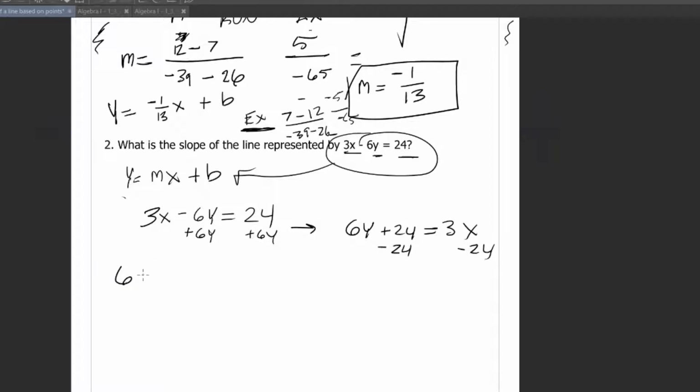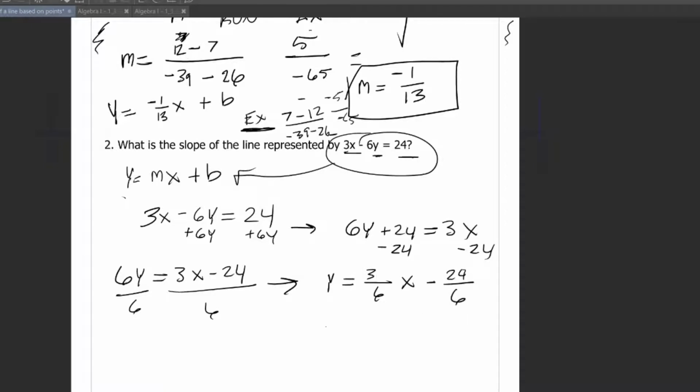That gives us 6y equals 3x minus 24. From here, we're going to divide by 6, which would give us y equals 3 over 6 x minus 24 over 6. Further simplifying this, y equals 1/2 x minus 4.